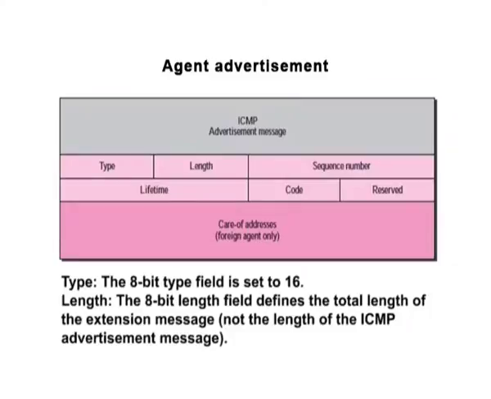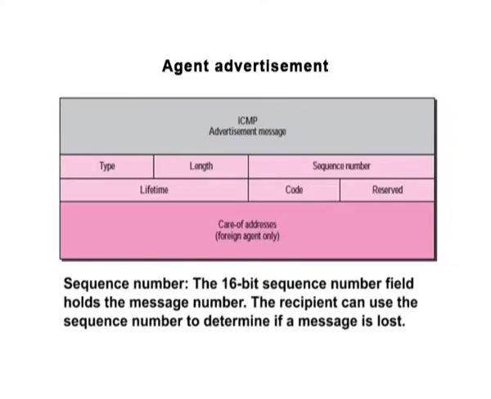Type. The 8-bit type field is set to 16. Length. The 8-bit length field defines the total length of the extension message, not the length of the ICMP advertisement message. Sequence number. The 16-bit sequence number field holds the message number.